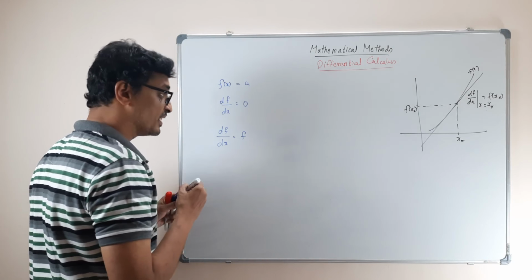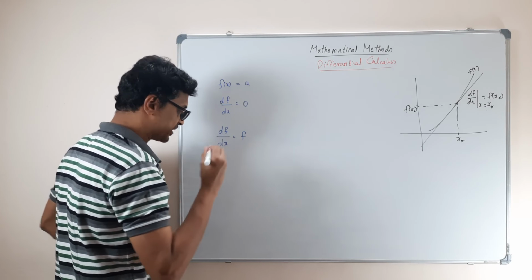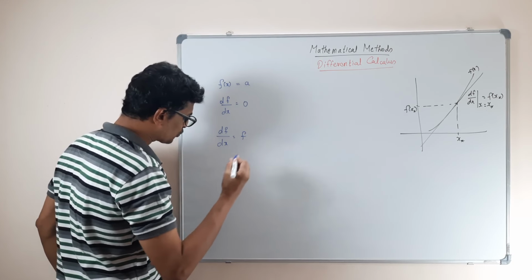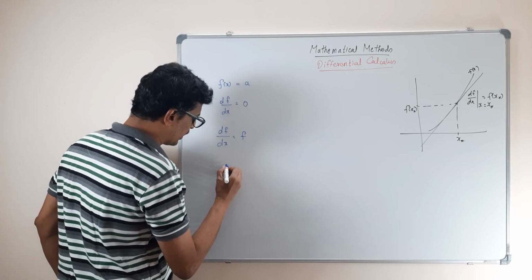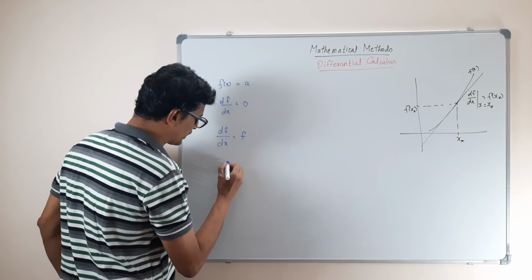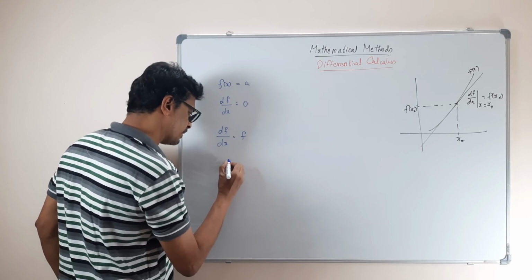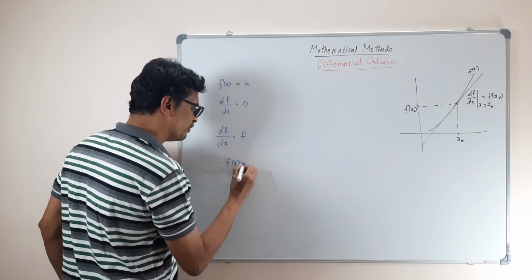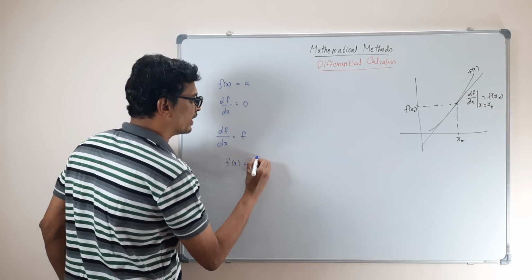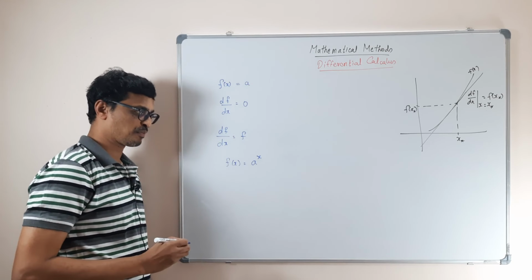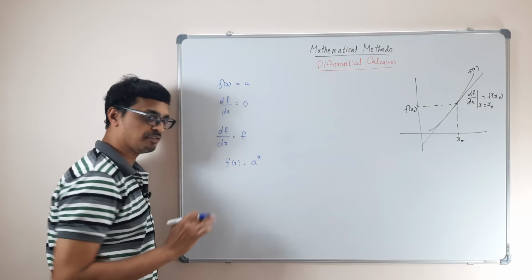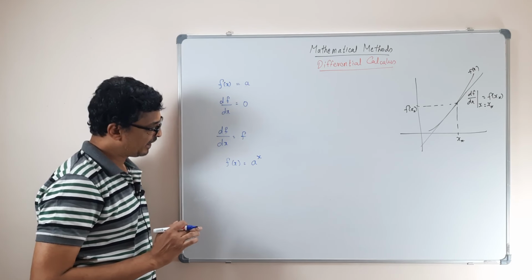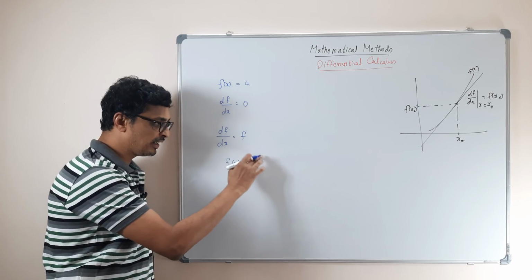So what happens is, suppose let us take some function f of x equal to a to the power x. Okay, so a is some constant to the power of x. And now you remember we can write it in log form.